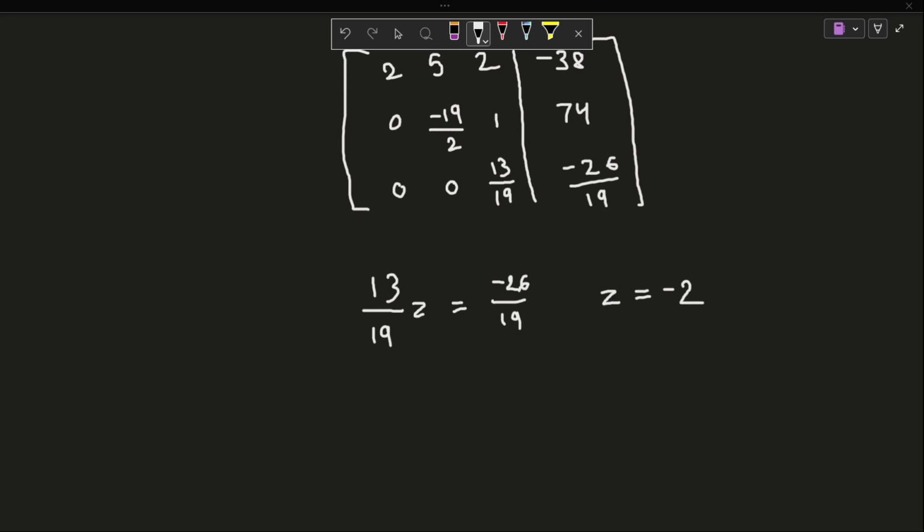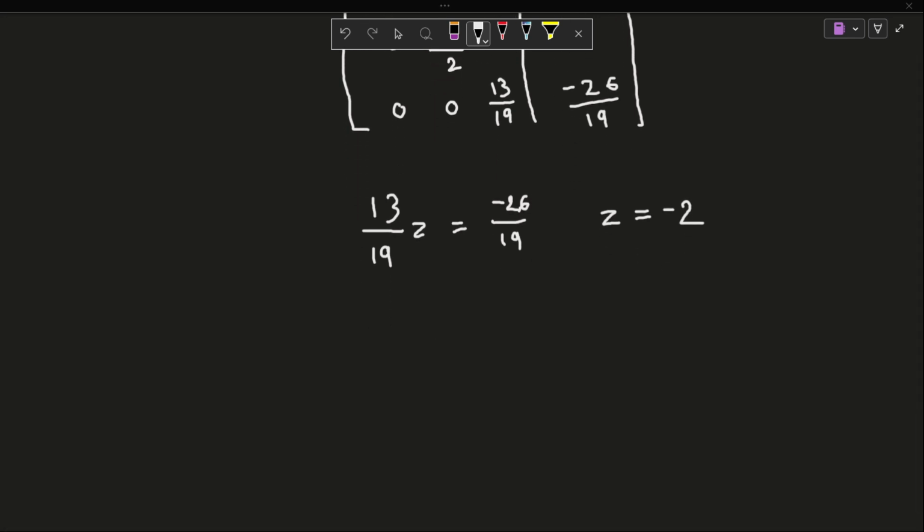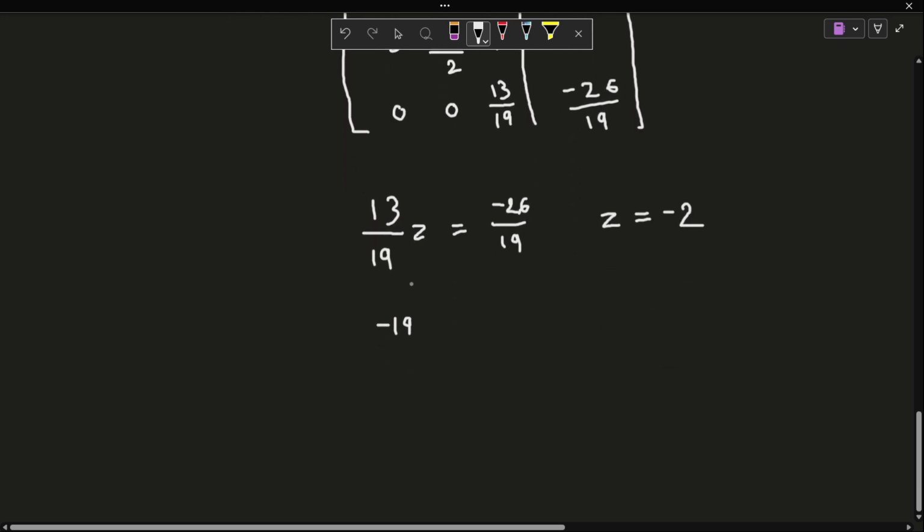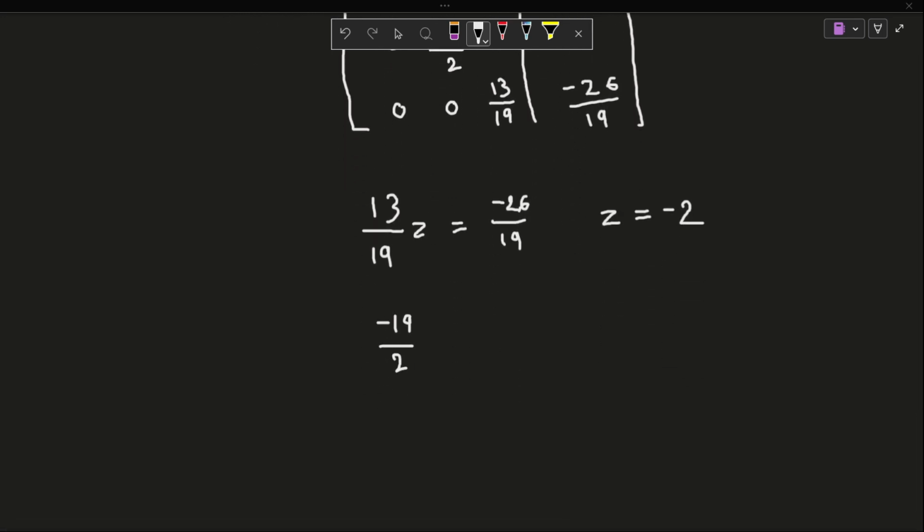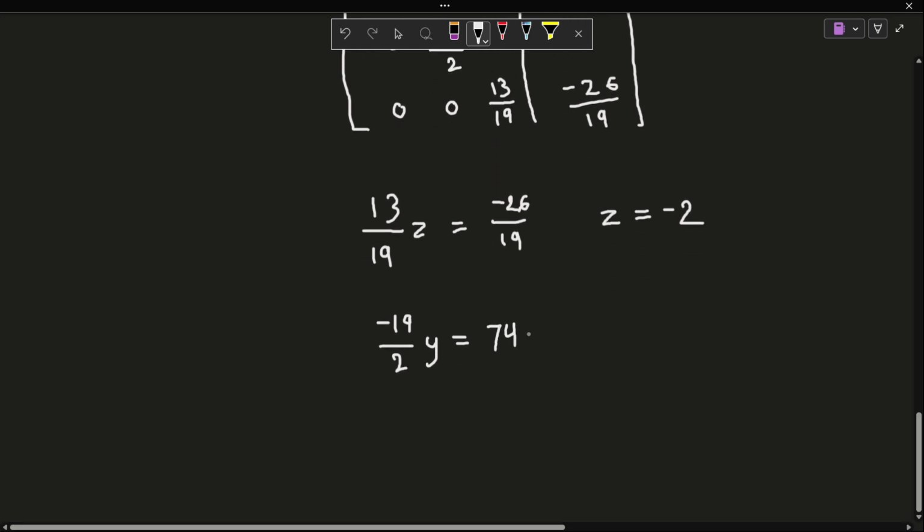And then now with that minus 2, we can just plug that into our solution for y. So minus 19 by 2, like we have up here. Y, that's just going to equal 74. I rearranged the equation here. Minus z.